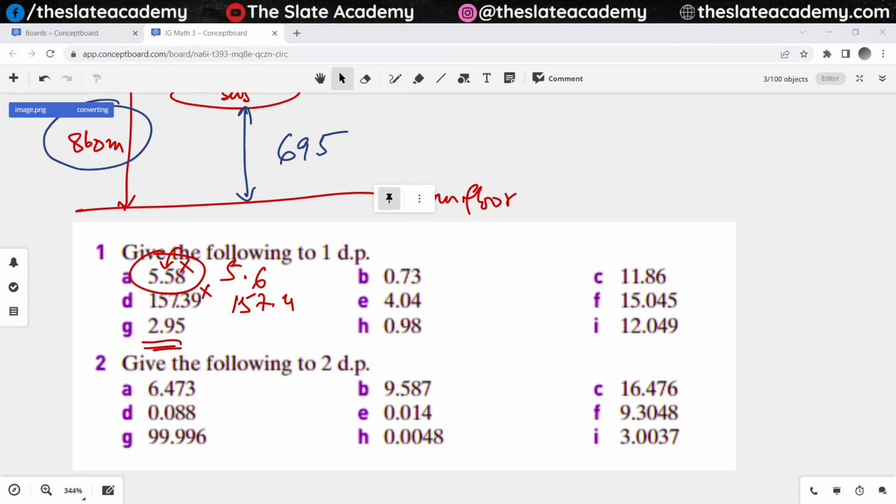This one would become 3.0. Excellent. Everyone look carefully. To get rid of this 5, since it's 5 or more, we add 1 to the digit before it. So we are adding 2.9 plus 0.1, and it becomes 3.0.